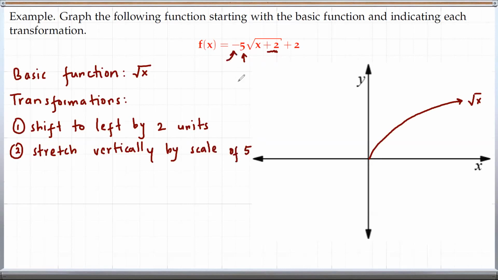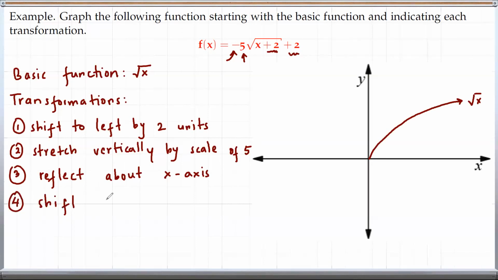Next, we have this negative in the front, which will reflect about the x-axis. And the last one is this +2, which will move everything up by 2 units. So shift up by 2 units.